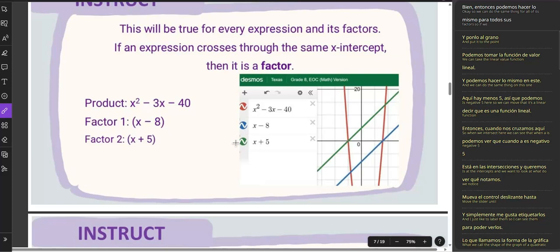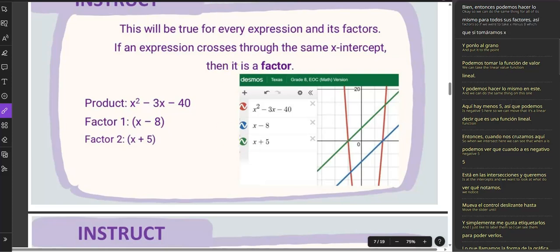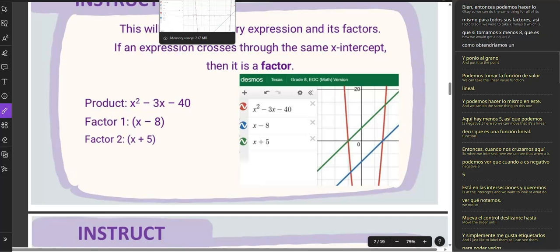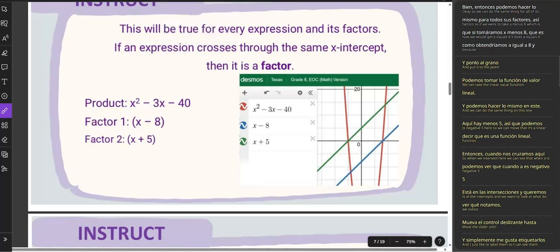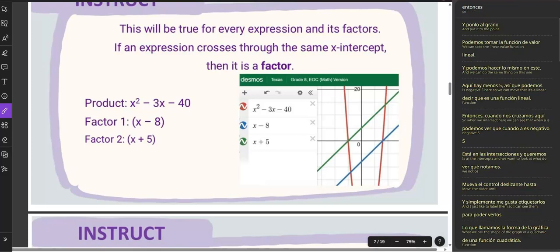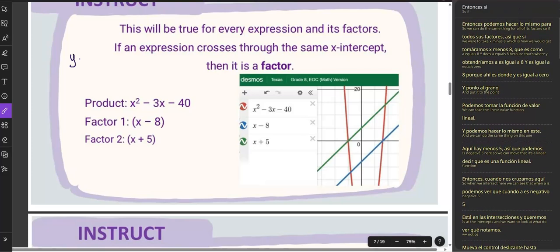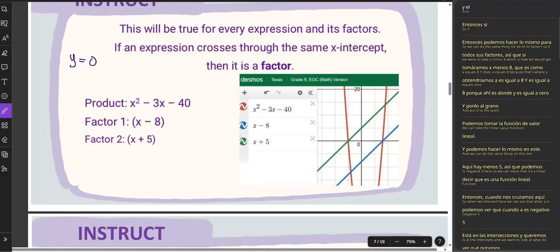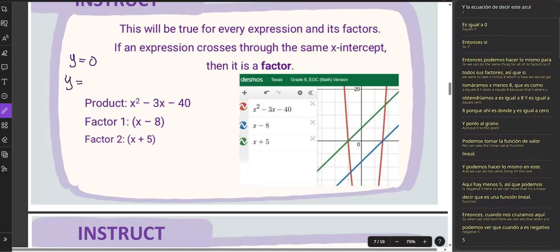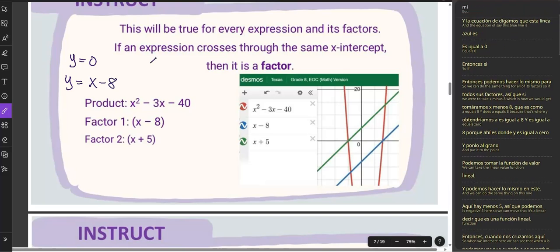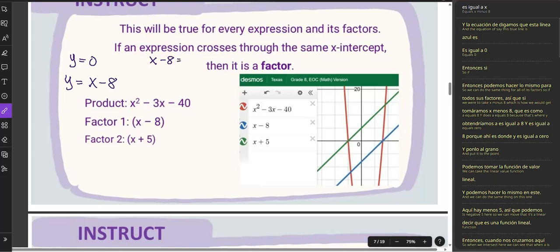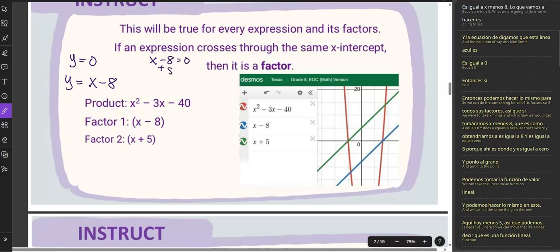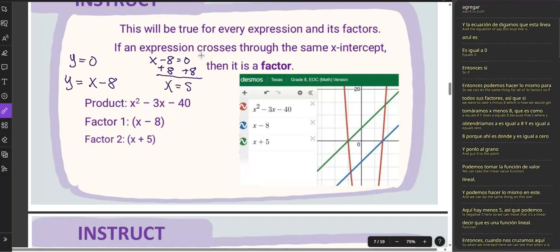If we were to take x minus 8, which is how we would get a equals 8, why does a equal 8? Because that's where y equals 0. So if y equals 0, and the equation of, say, this blue line is y equals x minus 8, we are going to set x minus 8 equal to 0, add 8 to both sides, and that's why x is positive 8 here.